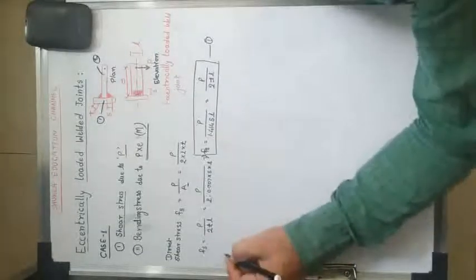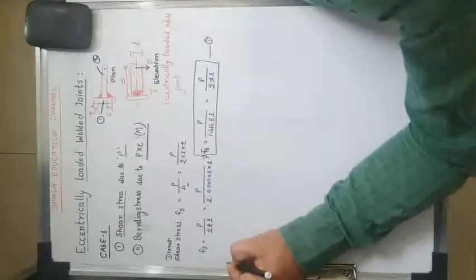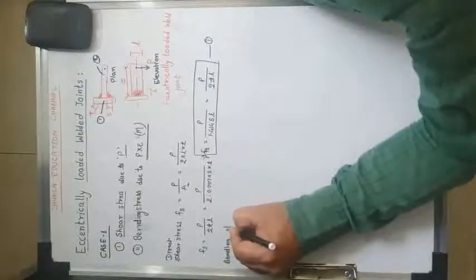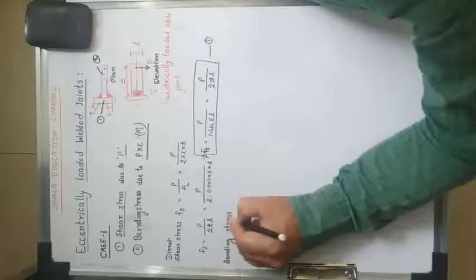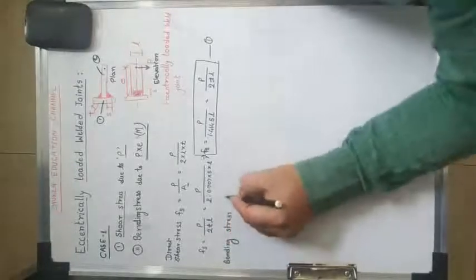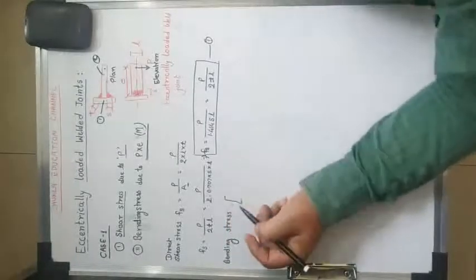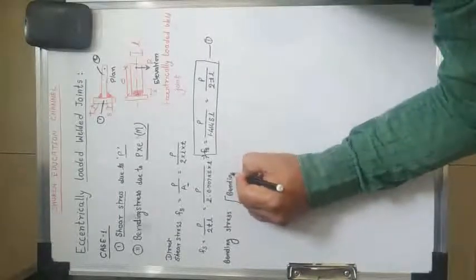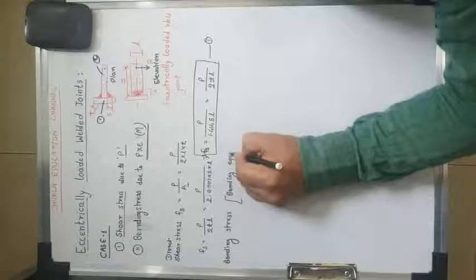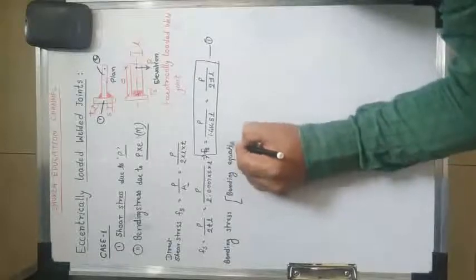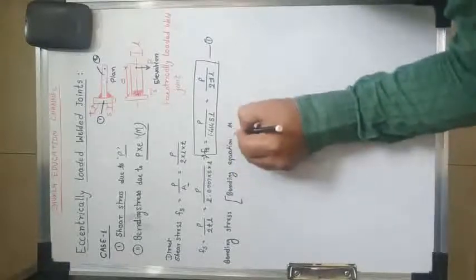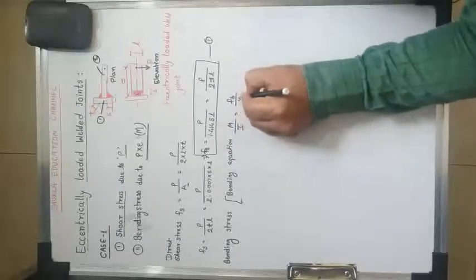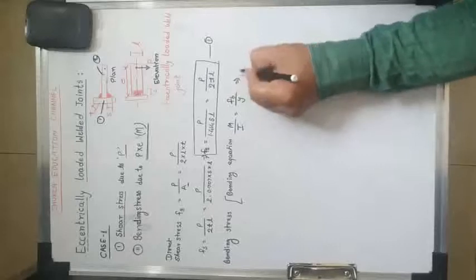What is the second, the bending stress? Bending stress majorly comes from the bending equation. What is the bending equation? It is very well known: M upon I is equal to Fb upon Y. What does it mean?